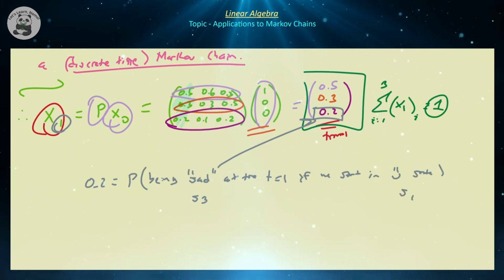So this is the probability of being sad after 1 day, assuming that we start in the happy state, state 1, on day 0. That's how you can interpret 0.2 and also the other numbers.